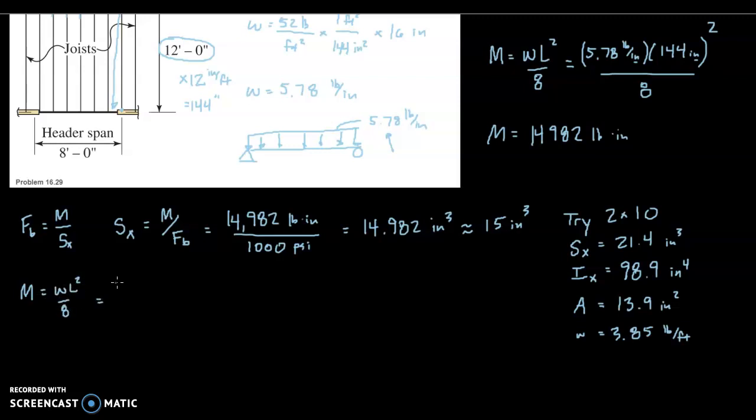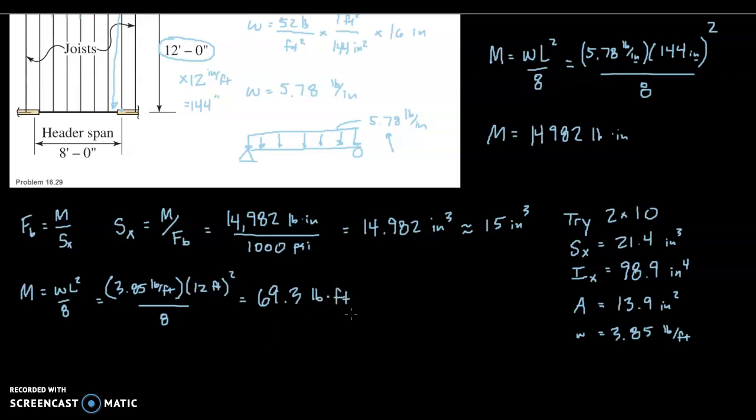The self-weight is 3.85 pounds per foot times a span length of 12 feet squared over 8, and that equals 69.3, and my units here I was using pounds and feet, so this is in pound feet.